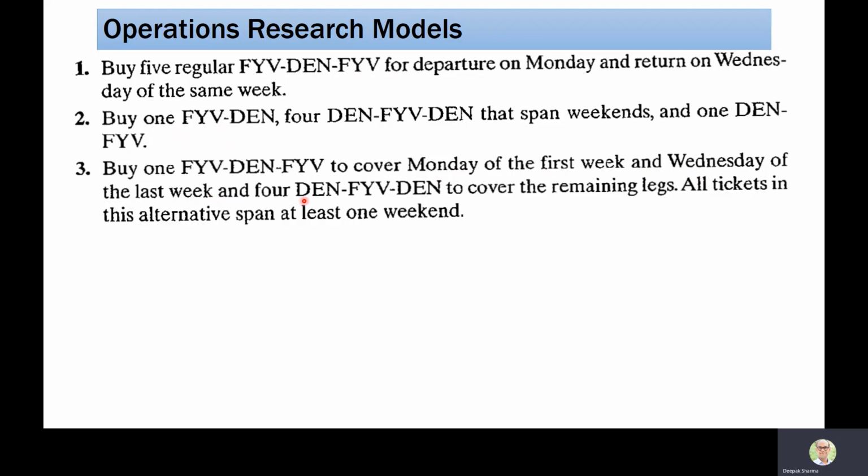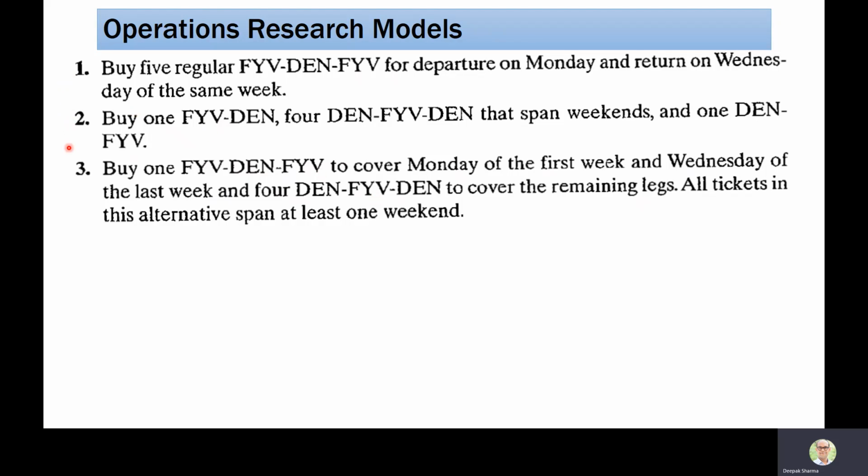And the other 4 tickets, as we have discussed in the previous case, I can buy. Now what you can see is that the first ticket, the return ticket which we have booked, has so many weekends, and the other 4 tickets also have many weekends. So this means that I can get that 20% discount on the ticket.